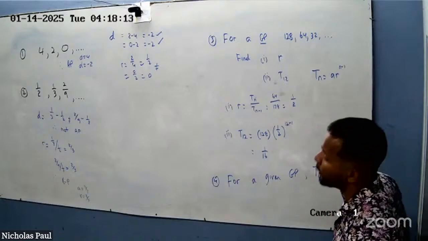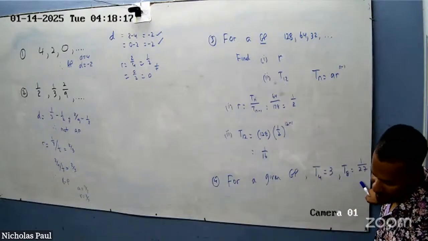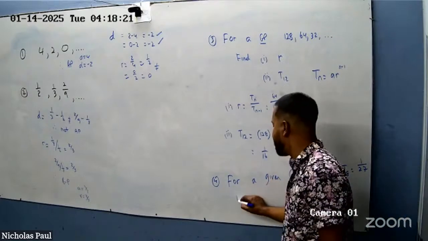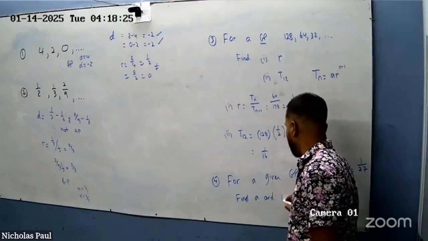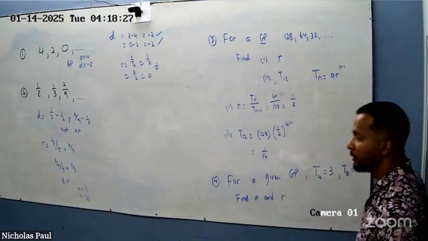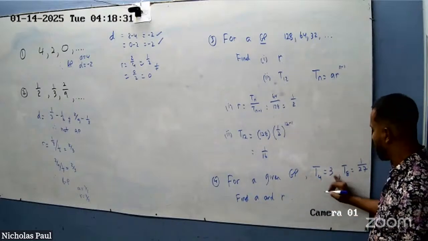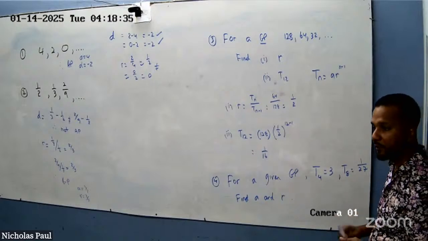So the fourth term is 3 and the 8th term is 127. All I would like you to do is to find A and R. So just like what we did last week, get 2 equations, one equals to 3, one equals to 127, and I want to see you solve this simultaneously. Right?